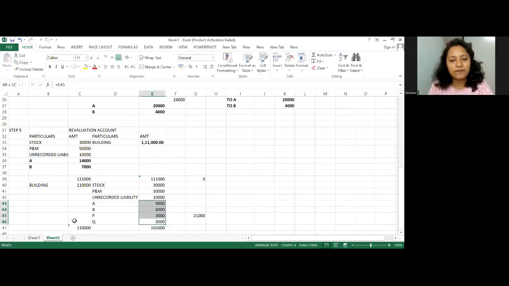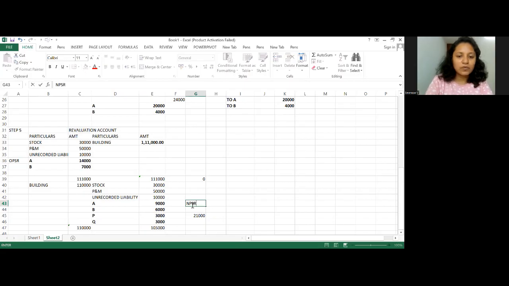The same thing I have just divided in the new profit sharing ratio. So here it was old profit sharing ratio and now it is new profit sharing ratio. So what is the impact of this? The impact is that the new partners are compensating the old partners in the respective proportion.